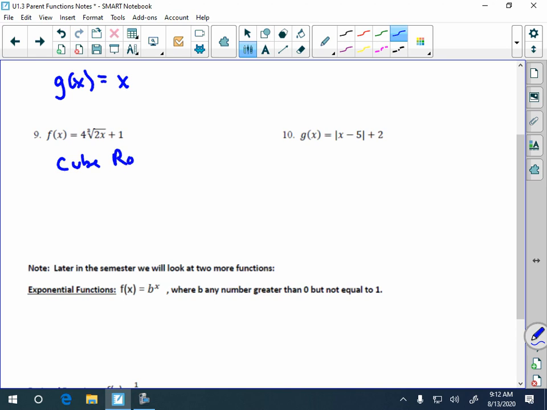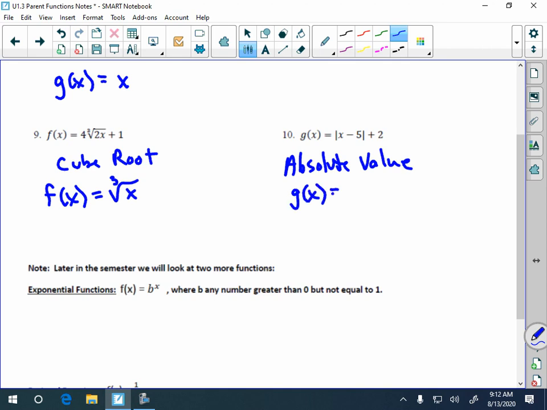Cube root function. And its parent function, f of x equals cube root of x. Number 10 is an absolute value. And its parent function, absolute value x.